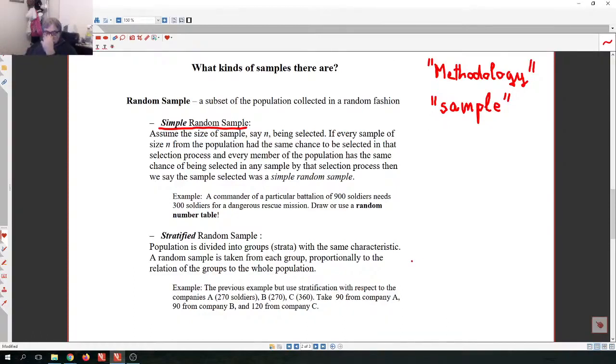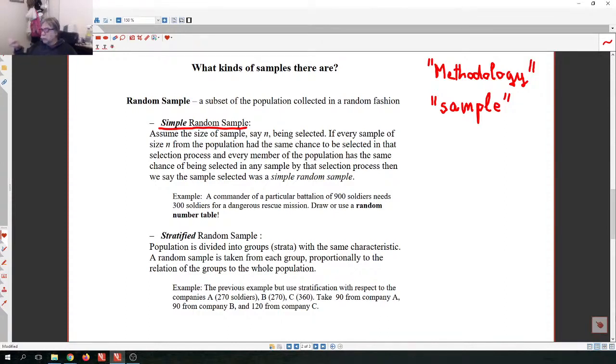So to give you an example, if I am a commander of a battalion of 900 soldiers and I need to select 300 of them for a dangerous rescue mission, I could do a simple lottery out of that. I'm going to write every single soldier's name on a piece of paper, identifiable, right?